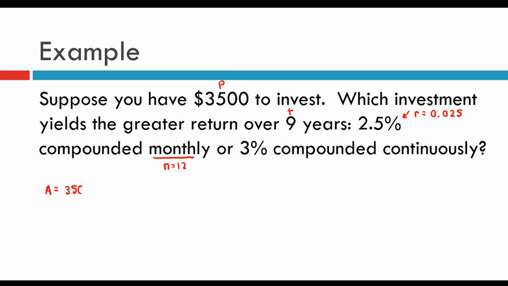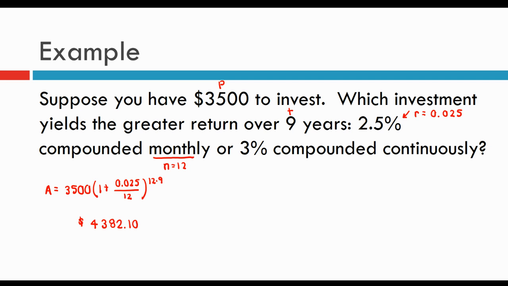So we'll have 3,500 times 1 plus 0.025 divided by 12, being raised to the 12 times 9 power. Okay, so when I do that, rounding money to the nearest cent, we're going to get $4,382.10.